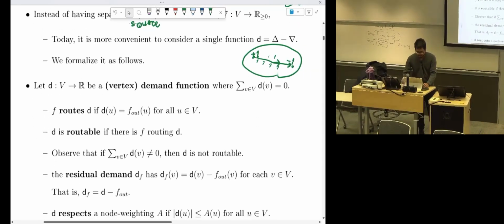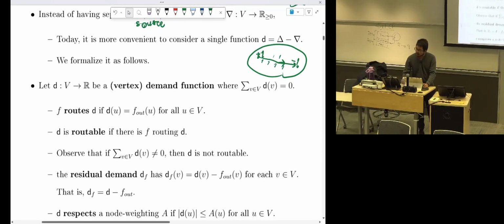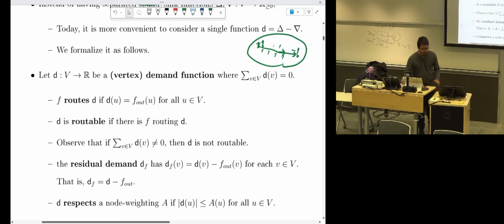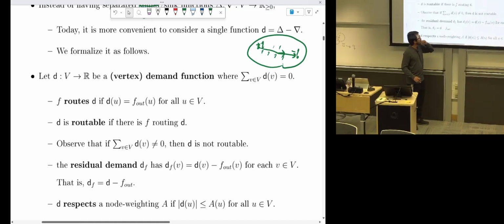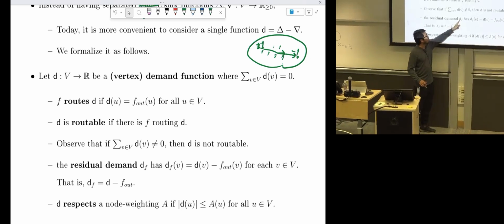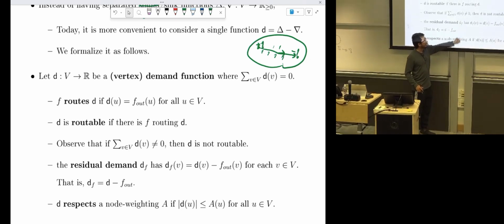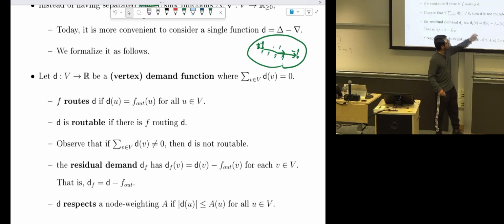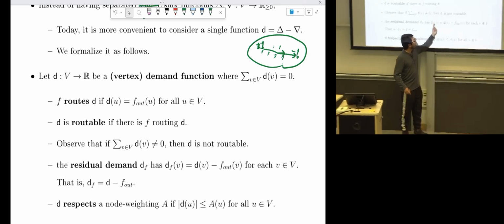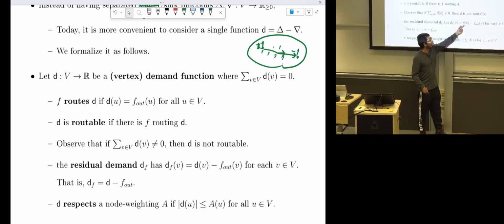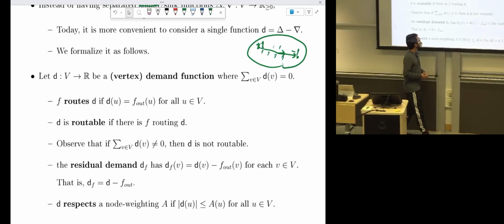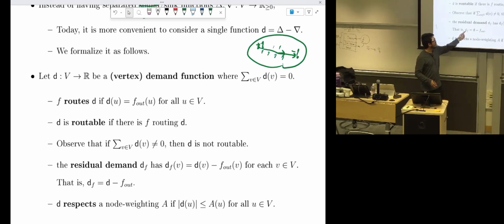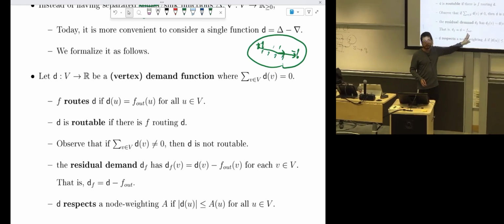Okay, and then here's the next terminology, the residual demand. The residual demand after routing F is defined like this. For every node v, the residual demand at v is the original demand minus what has been routed out of v. So D_F is just D minus F out.